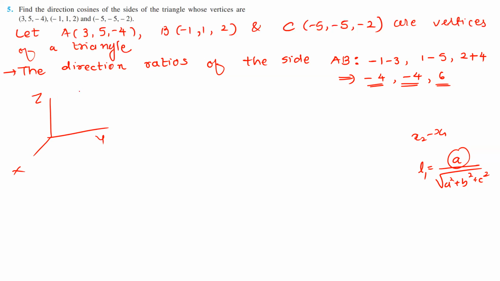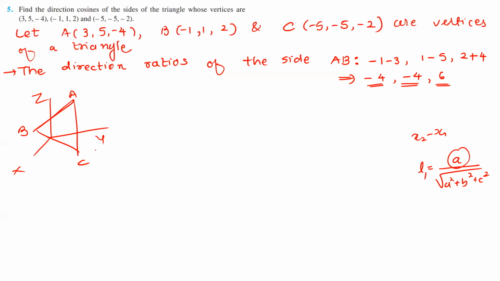See, you have the X, Y, and Z axes. Suppose you have a triangle. All the lines are making different angles. AB will make some angle with the x-axis, y-axis, z-axis. Then BC will make some other angle with x, y, and z. AC will make some other angle, right? So we have to find all the cos alpha, cos beta, cos gamma. We do not have angles.